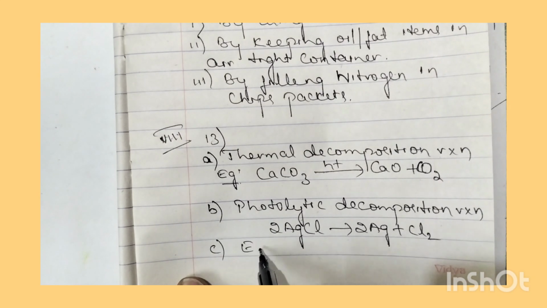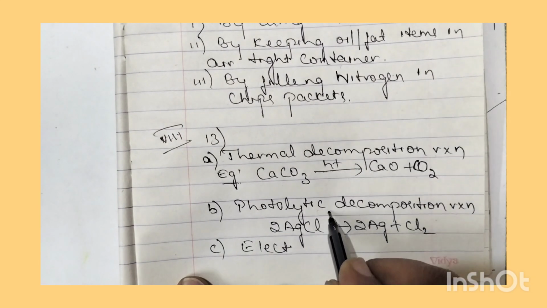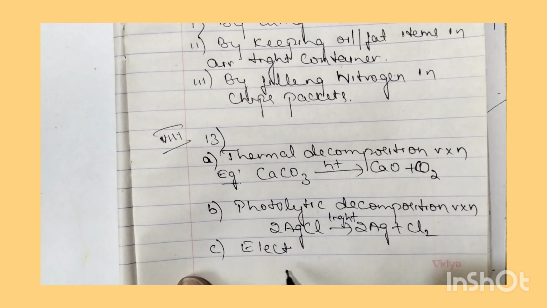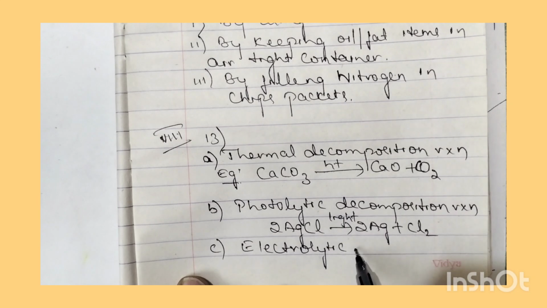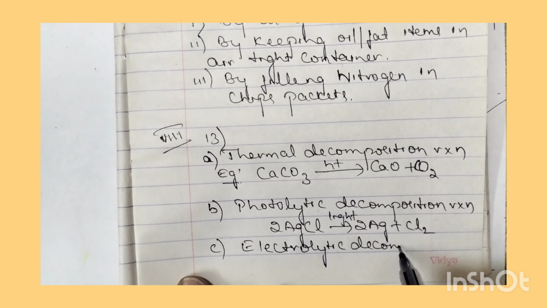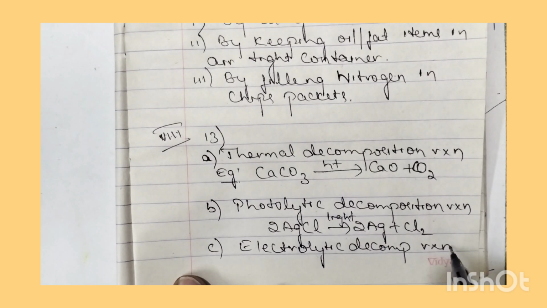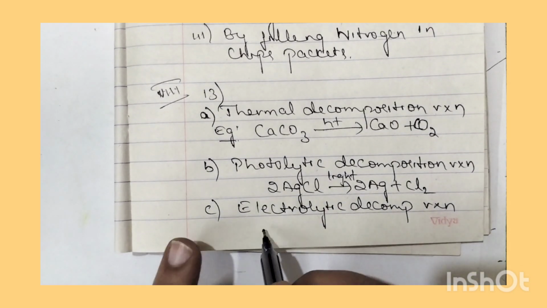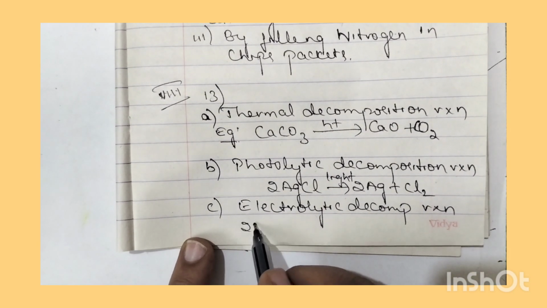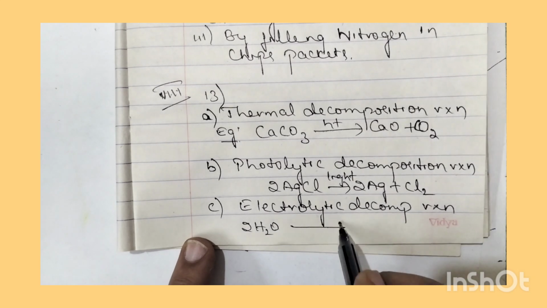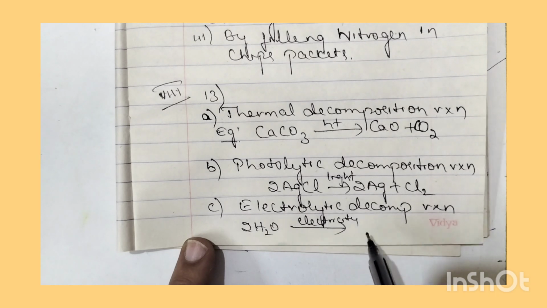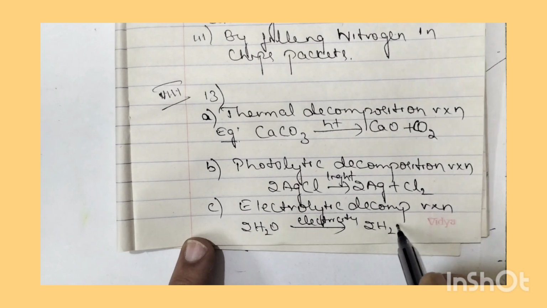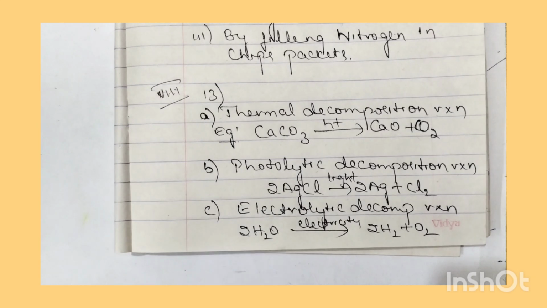Then electrolytic decomposition reaction, where energy is provided in the form of electricity. By passing electricity through water, energy is provided in the form of electricity to form 2H2 plus O2. So this is for the 13th one.